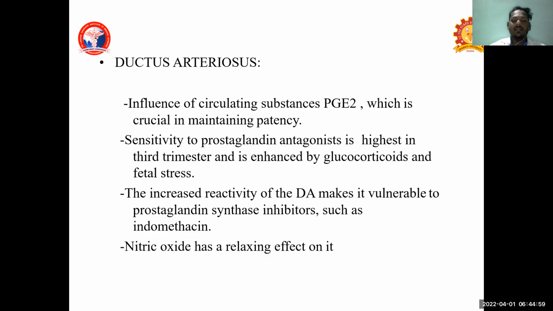The increased reactivity of the ductus arteriosus makes it vulnerable to prostaglandin synthase inhibitors such as indomethacin. Here, nitric oxide has a relaxing effect on it.